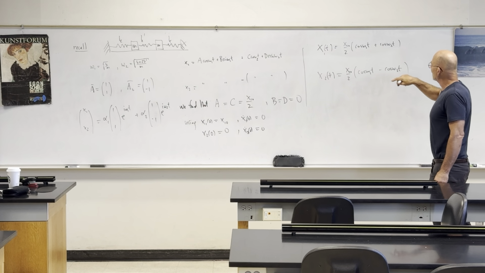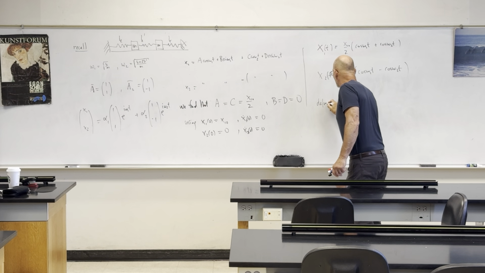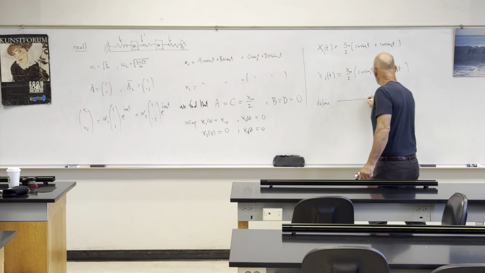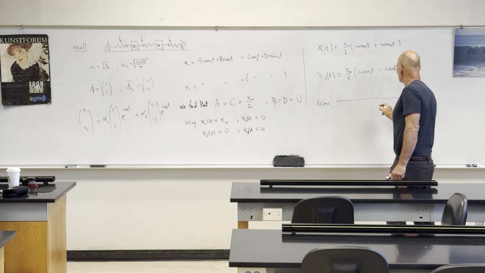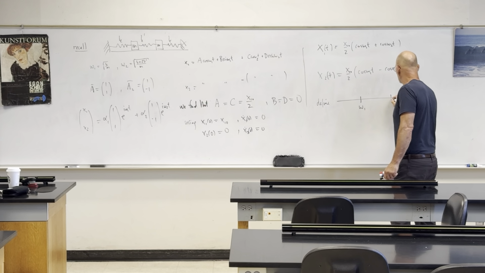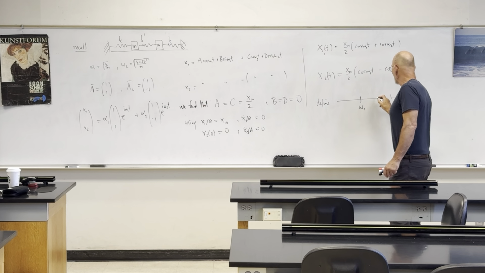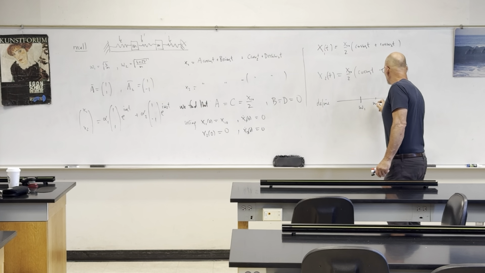So anyway, the way to do this is now to define omegas on the number line, and since omega 1 is less than omega 2, I can just separate them like that, and right between here, I'm going to put omega.